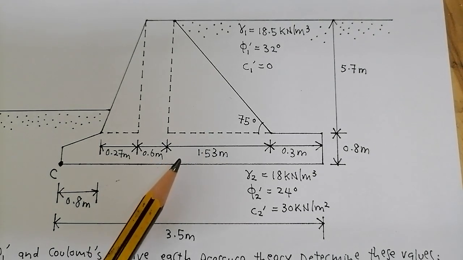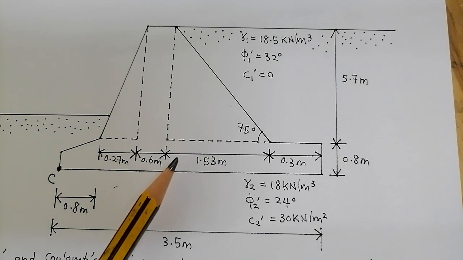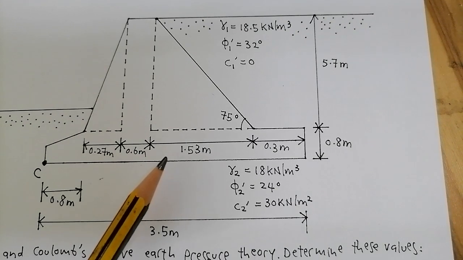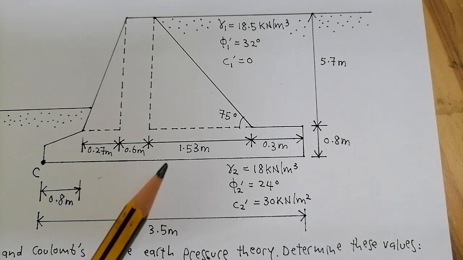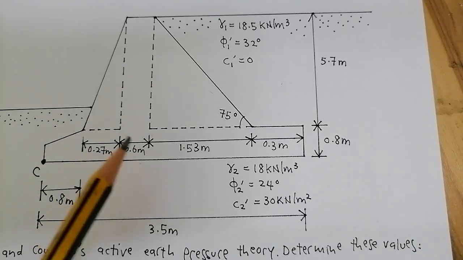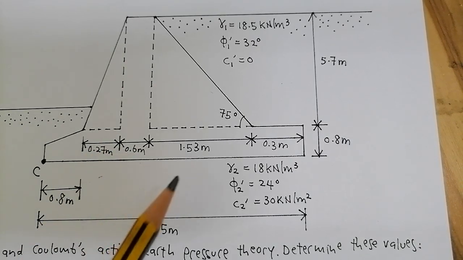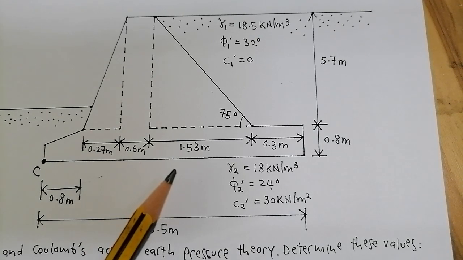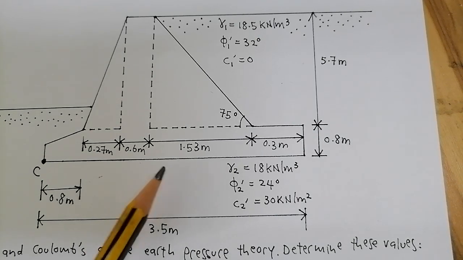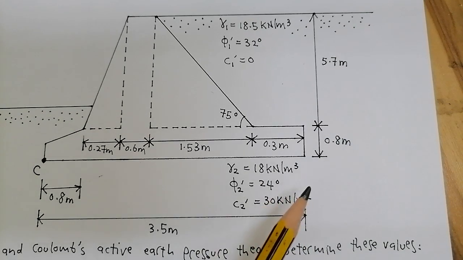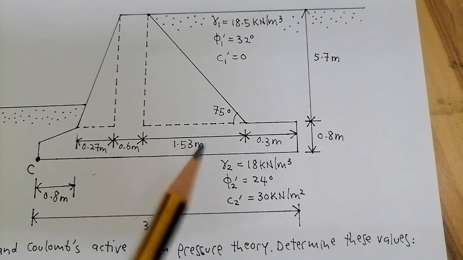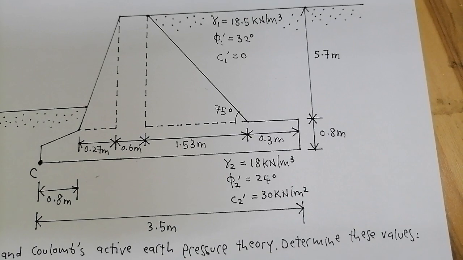This is not in the Principles of Geotechnical Engineering textbook. I took it from a different textbook, because in the textbook that we are using, the design of retaining wall is not included. So I have to take this from a different textbook. All right. So this is the retaining wall that we will check today.